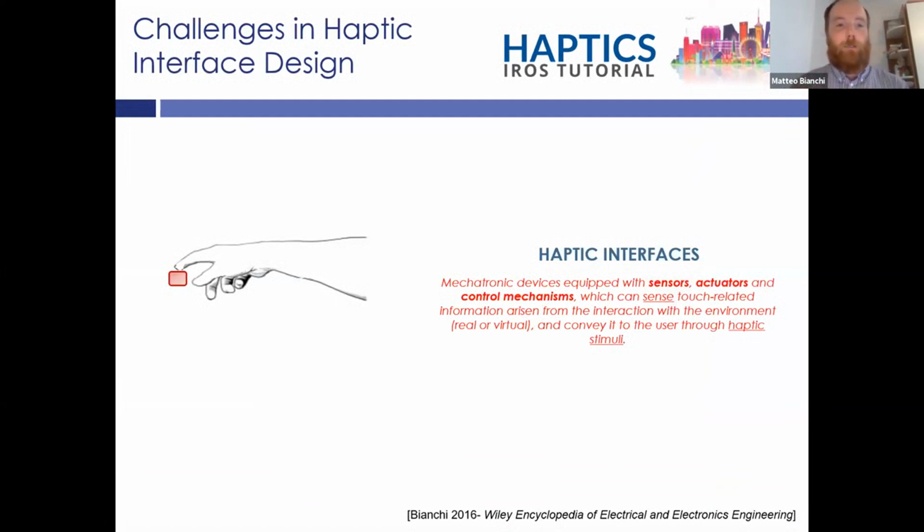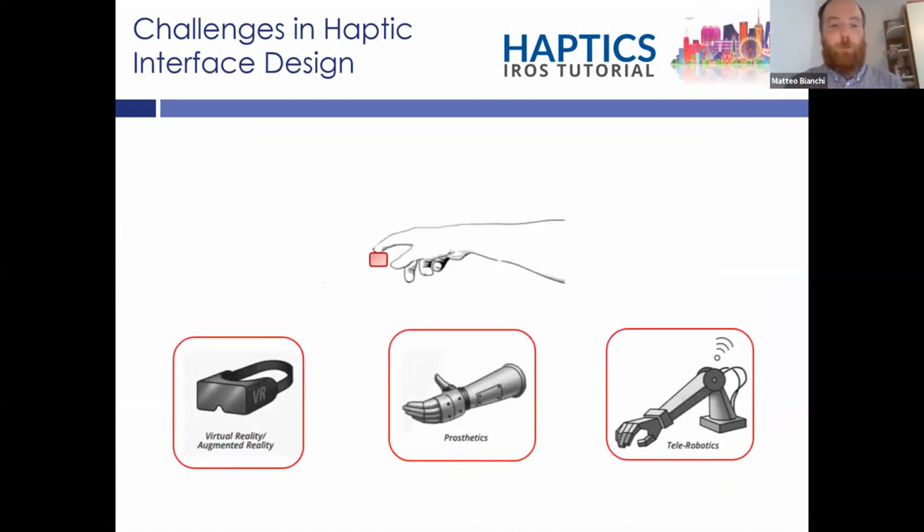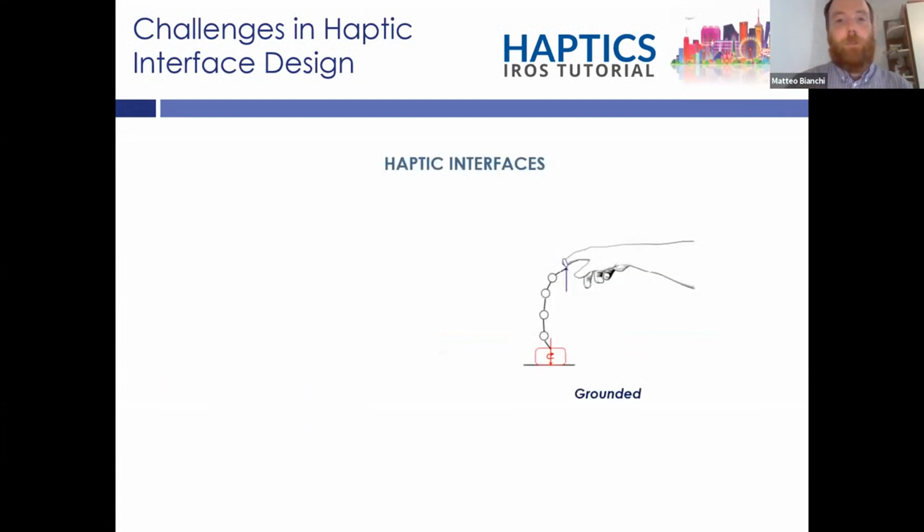Of course, many of you know what a haptic interface is, but basically it is a mechatronic device which is equipped with sensors and actuators and control mechanisms to sense touch-related information and then convey it to the user for many different applications. For example, virtual and augmented reality, prosthetics, or telerobotics.